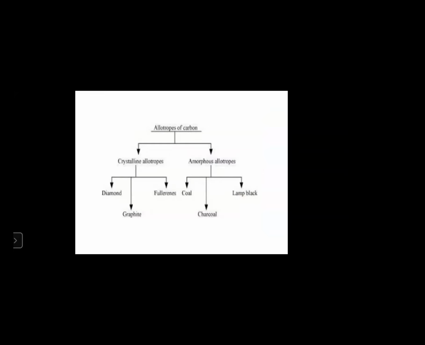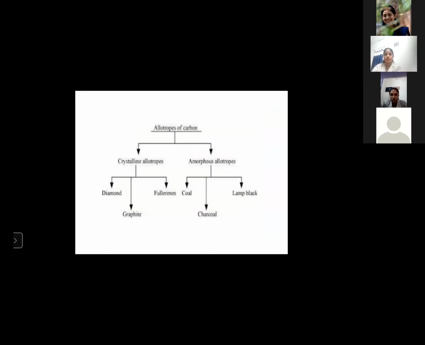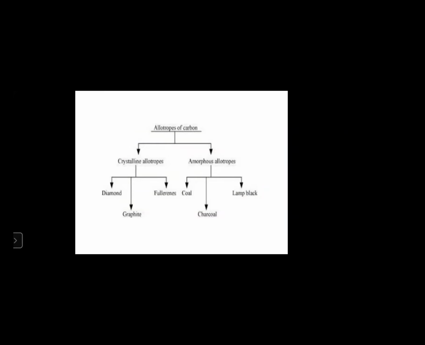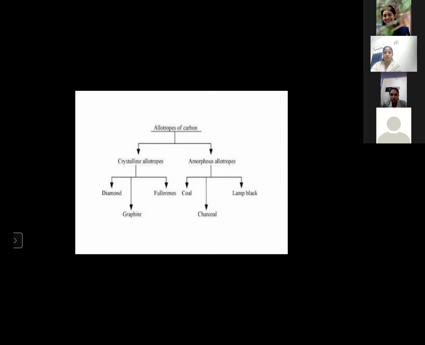We can classify the allotropes into 2 types, crystalline allotropes and amorphous allotropes. Among crystalline allotropes, there are diamond, graphite, and fullerene. Among amorphous allotropes, there are coal, charcoal, and lamp black. In today's session, we are going to deal with the crystalline allotropes.